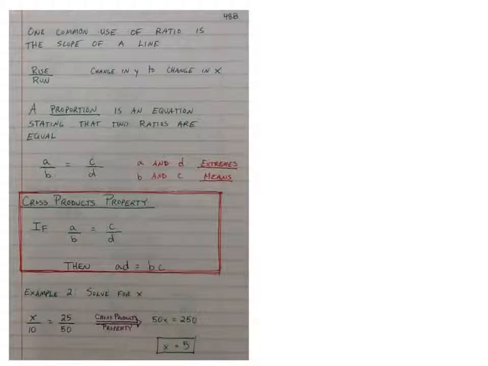Continuing our notes on 48b, we discuss what a proportion is. A proportion is an equation stating that two ratios are equal. So now we have the ratio A to B is equal to the ratio of C to D. When you set up a proportion like this, you have what are called the extremes, A and D, and the means, which are B and C. And I put this off to the side in red.